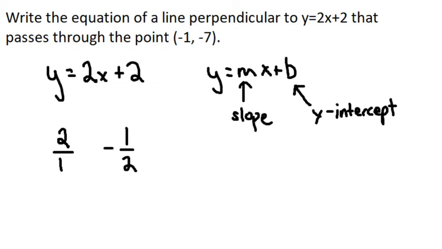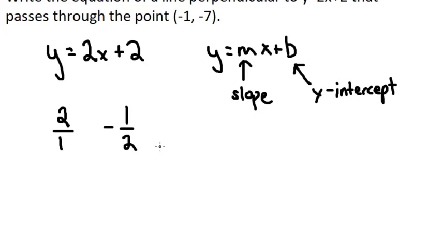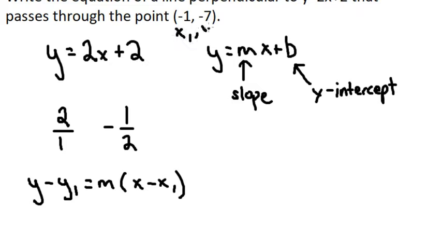Once we find that slope, we can plug it into the point-slope form of a line, which is y minus y1 equals m times x minus x1, because we have this point given, which is (-1, -7). This would be our x1, y1, and our slope we just found to be -1/2.